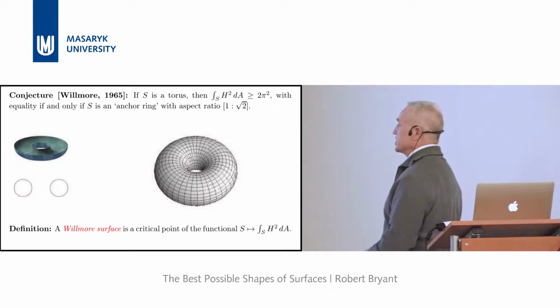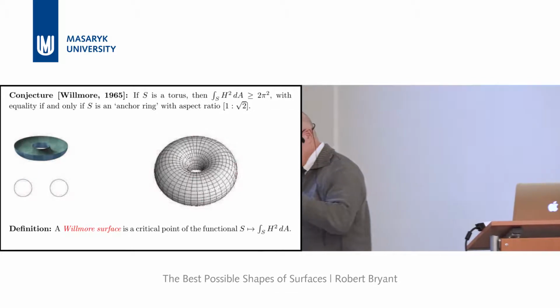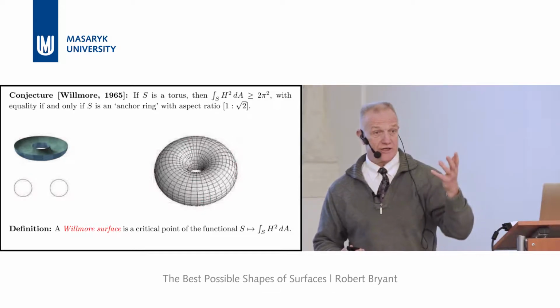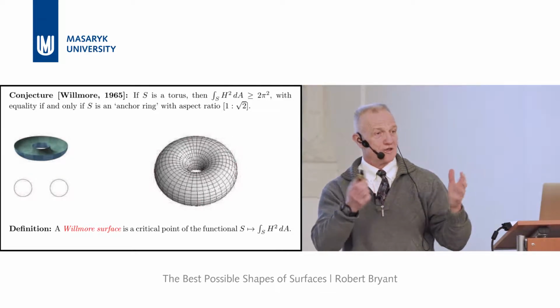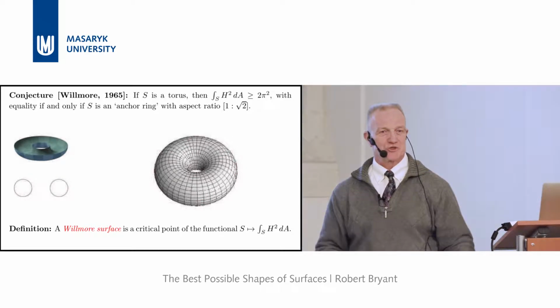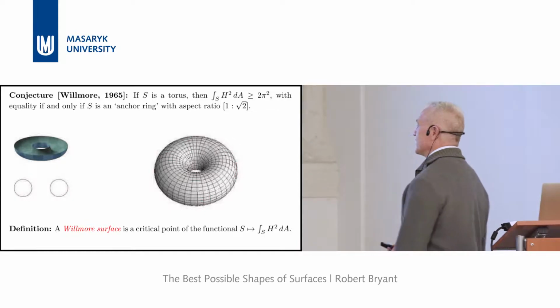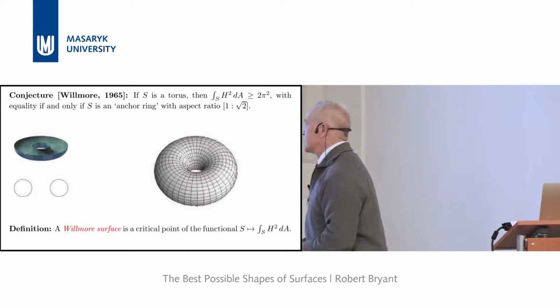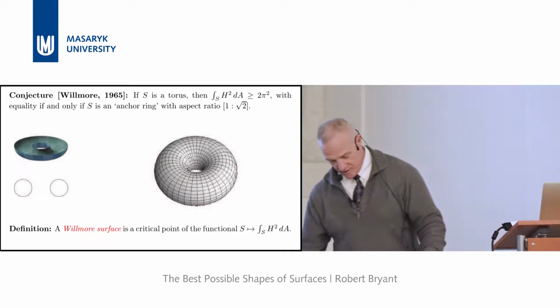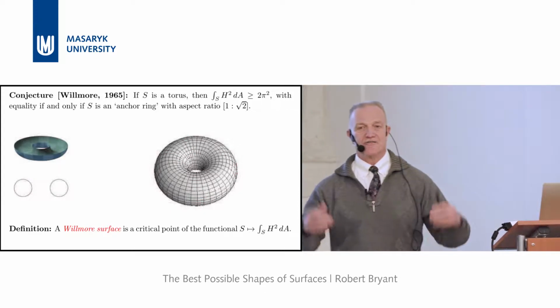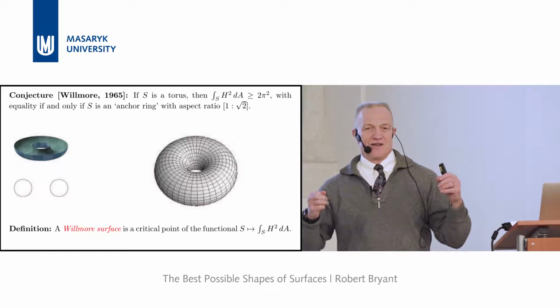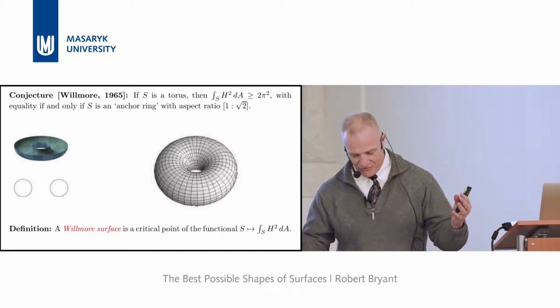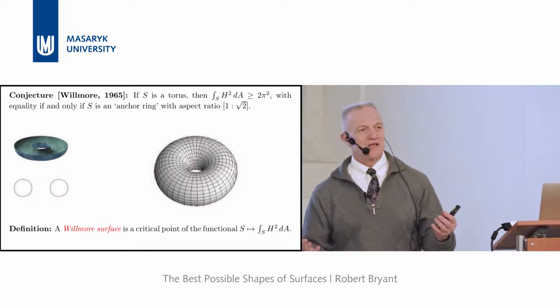While I'm at it, I'll just say because of Willmore's paper, he raised this question for anything, not just a torus. He wanted to find the best possible shape for every surface. And in the calculus of variations, when you're trying to find a minimum, just like in first year calculus, the first thing you do is find all the critical points.